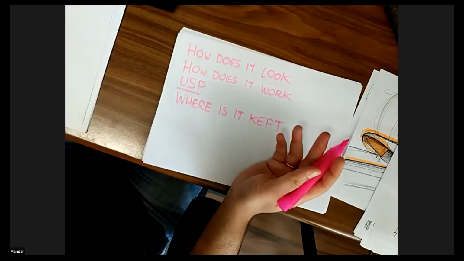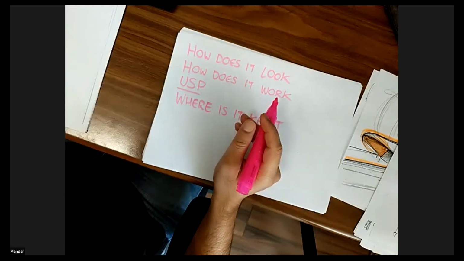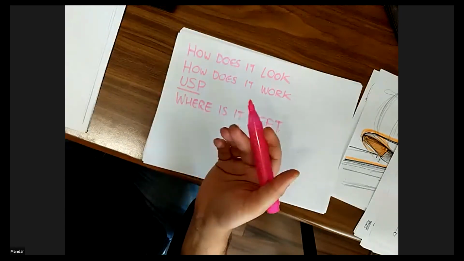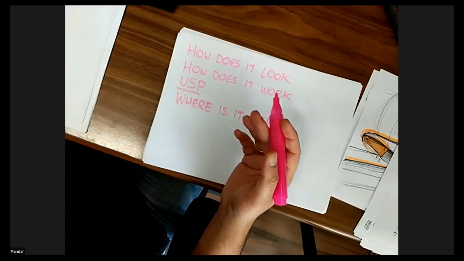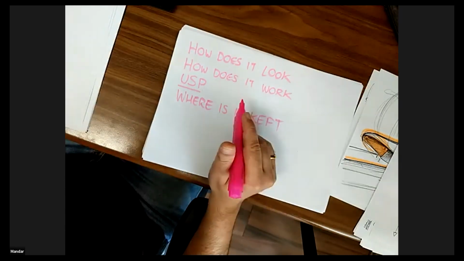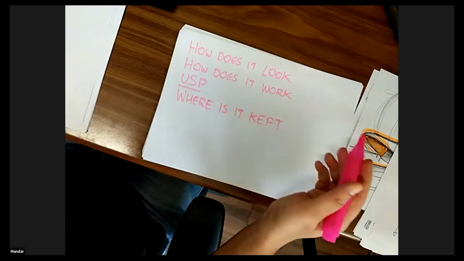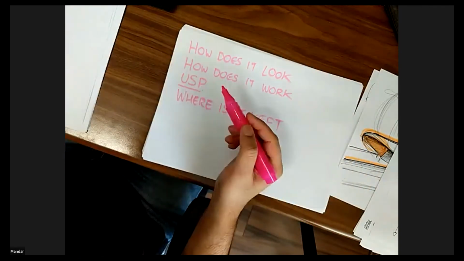At the concept stage, again, it's going to depend on the kind of project that you're doing. But if the entire brief is based around affordability and sustainability, then probably that would be the USP.